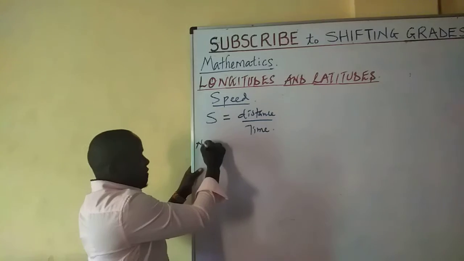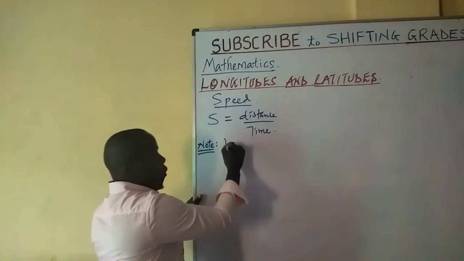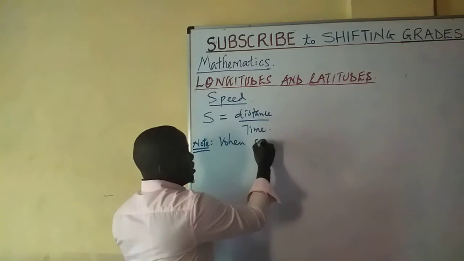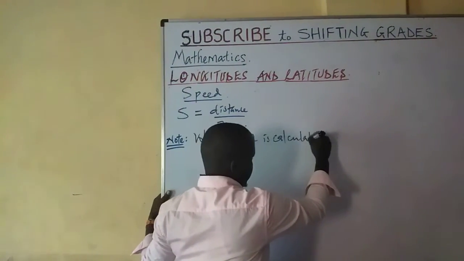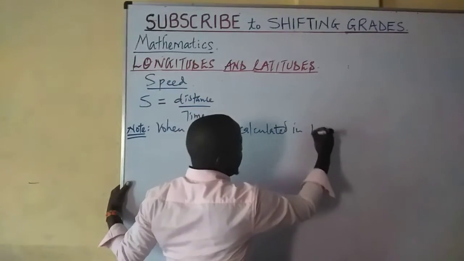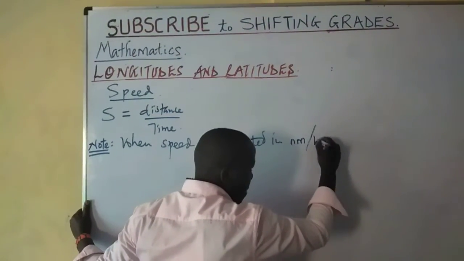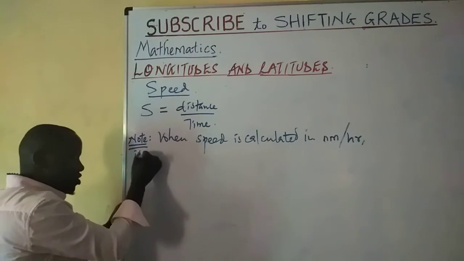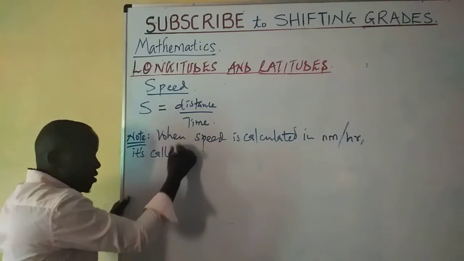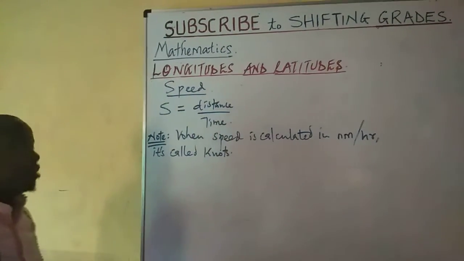Now, the most important thing to be noted here is that when speed is calculated in nautical miles per hour, it is called knots.